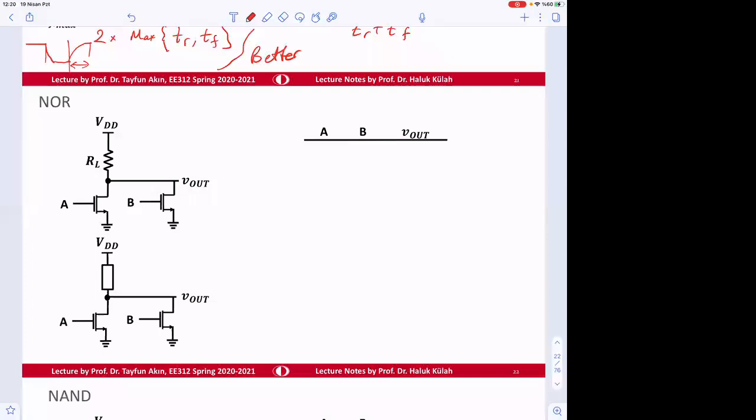How can we make a NOR gate? Here, if we place the transistors, you know that we consider these transistors to be acting like a switch. Let's say one of them is low, the other one is low, 0 volt, 0 volt. What are the transistor states?